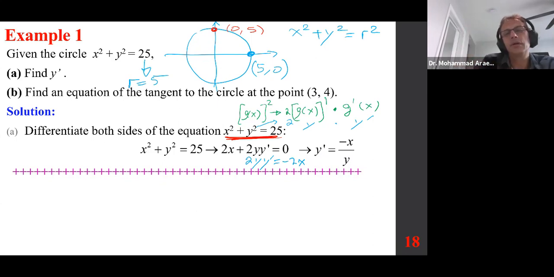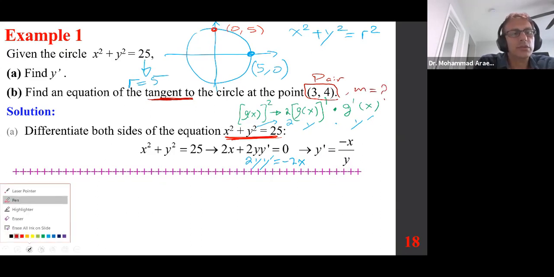Now, the next step is to find the equation of a tangent line. So what do we need? We need a pair. We have it. We need the slope. And so what is the slope?